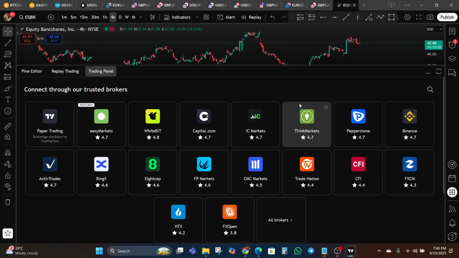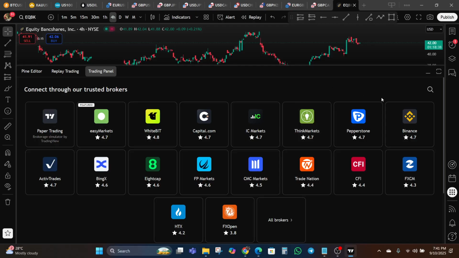Of course, the broker should be one that offers equities trading. For beginners, it is important to pick a broker with an easy to use platform and strong educational support so that you can learn while trading.